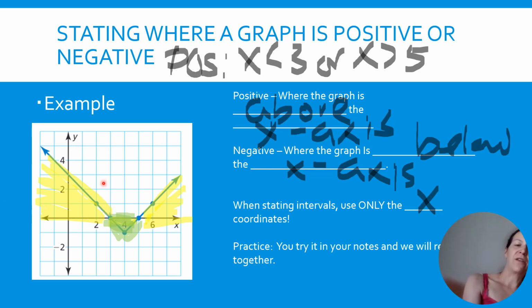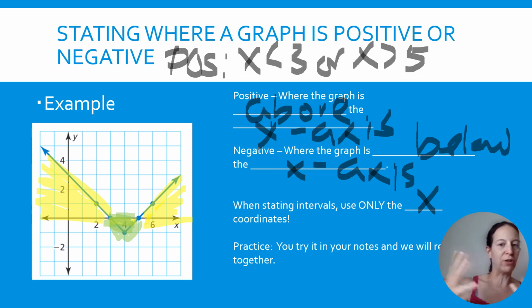If I go less than 3 or if I go greater than 5. Notice that you have to say that in 2 different steps, because a number isn't less than 3 and also greater than 5. So if you say x is less than 3 and x is greater than 5, I know what you mean, but it is the wrong math word. It could be one or the other, but a point can't be in both places at the same time.